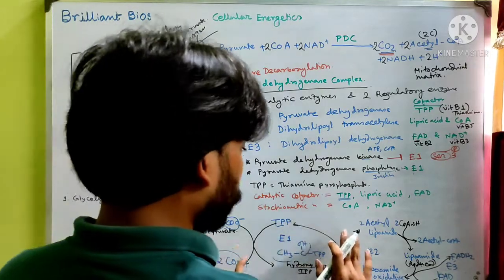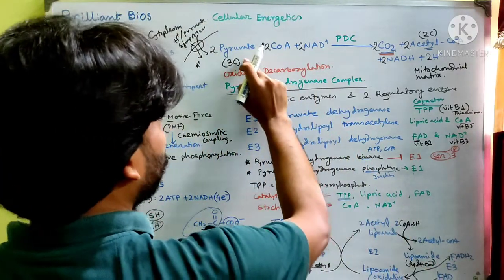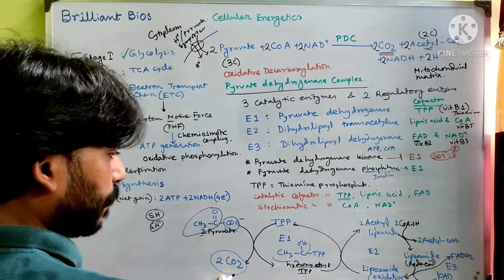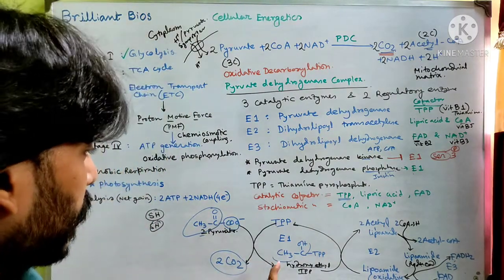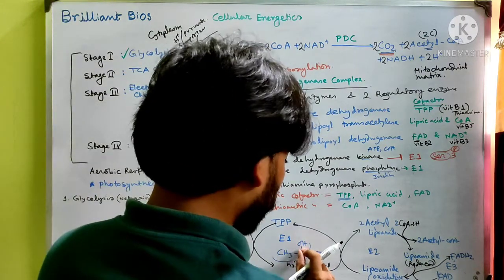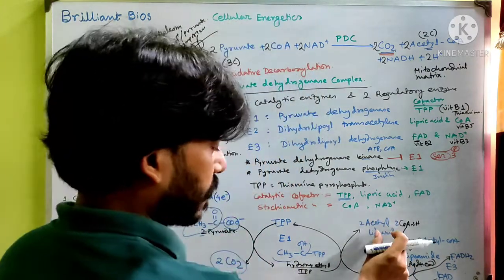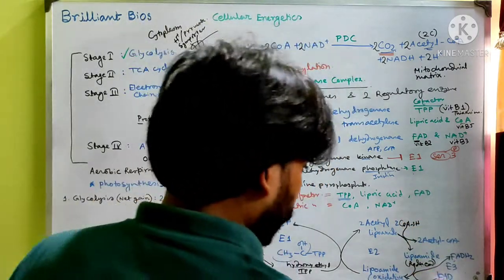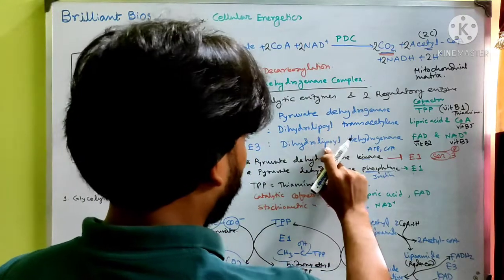Pyruvate at first is decarboxylated, meaning it releases carbon dioxide, then TPP transfers this part to the lipoamide and makes it acetyl, then coenzyme A associates with the acetyl to make acetyl-CoA, and now the FAD, which is part of this dihydrolipoyl dehydrogenase.